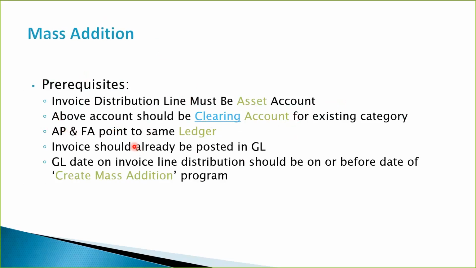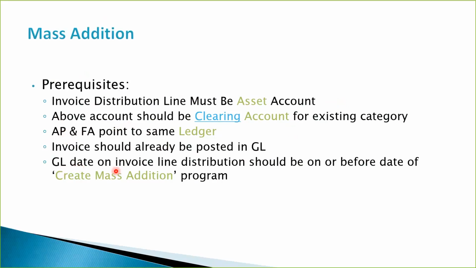Remember, you have to create accounting for the invoice, and make sure that you post that journal before you can start running mass addition. And as you can see, that is the next requirement. Invoice should be already posted in GL for you to run the create mass addition program, and for it to be effective, for you to be able to create mass additions.